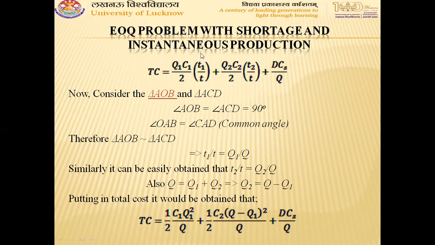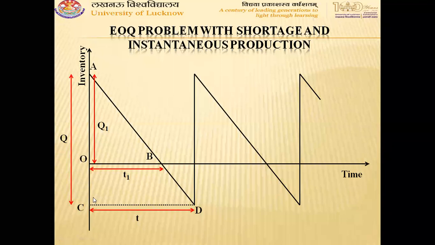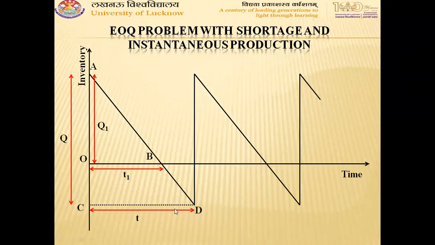So for eliminating these terms from the equation, first for T1 and T we consider two triangles AOB and ACD. That is this one, AOB, this triangle, and ACD is this triangle. Now in these triangles, these two angles are of 90 degrees, that is angle AOB and ACD.